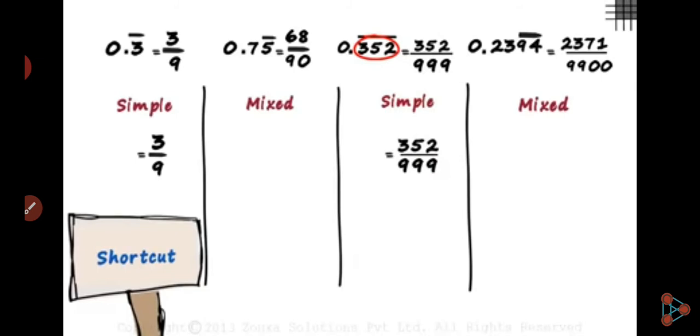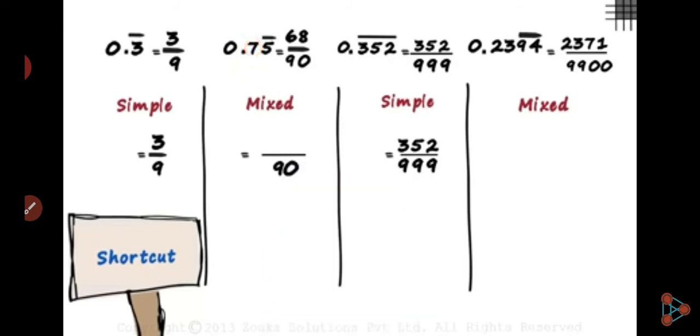See here, mixed recurring decimal. Here in 0.75, 7 is not repeating but 5 is repeating. Okay, 5 is repeating infinite times. So here only 1 digit is repeating, so you write 9. And how many non-repeating digits are here? Only 1. So you write that many zeros, as many digits as are non-repeating.